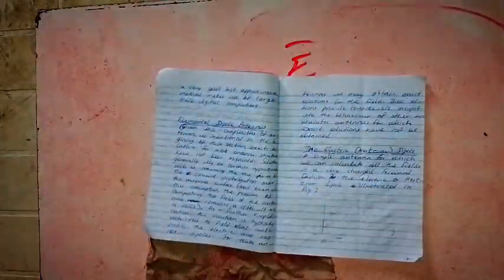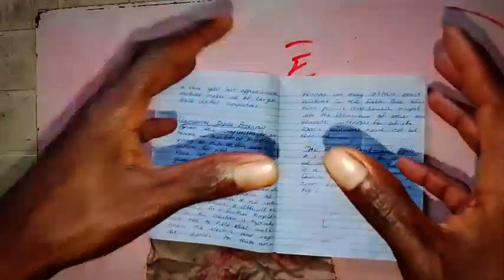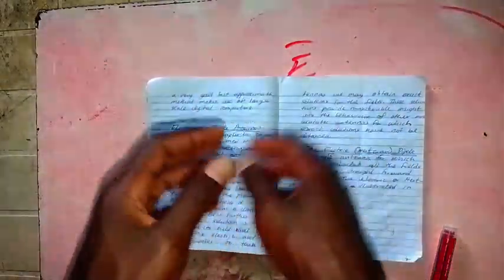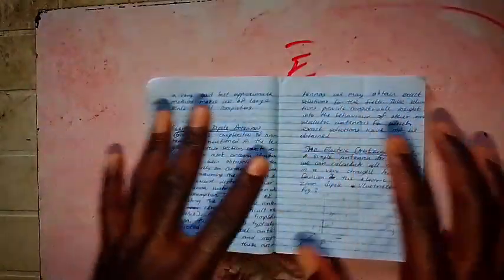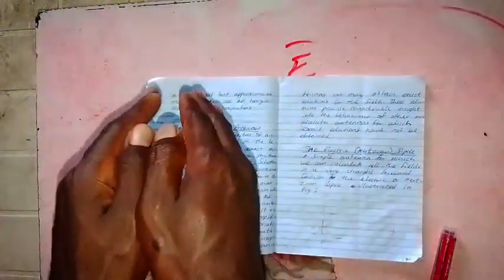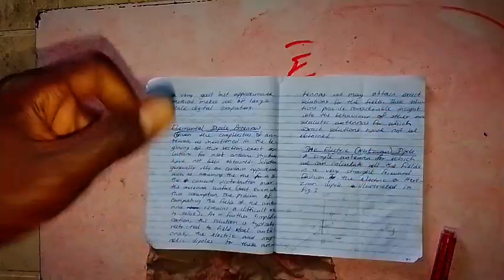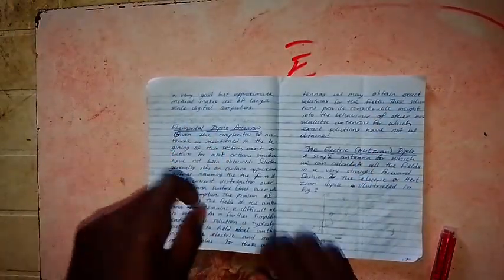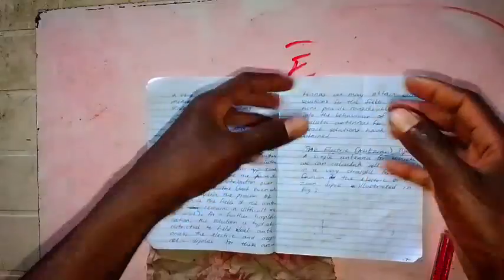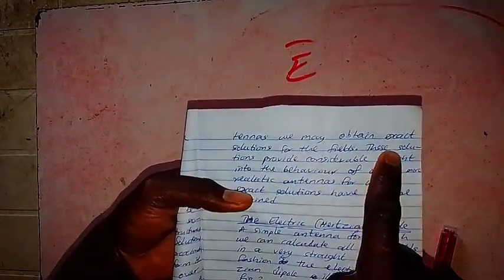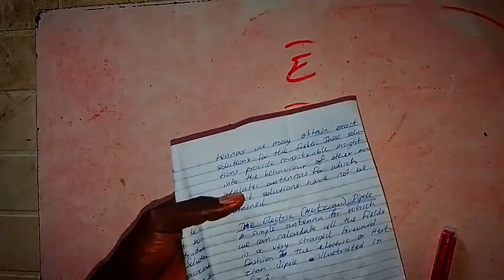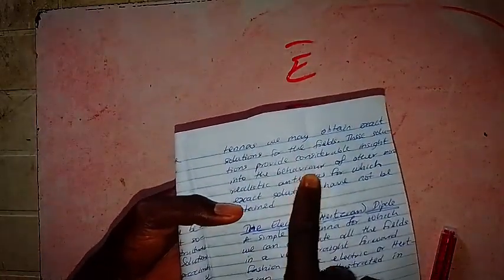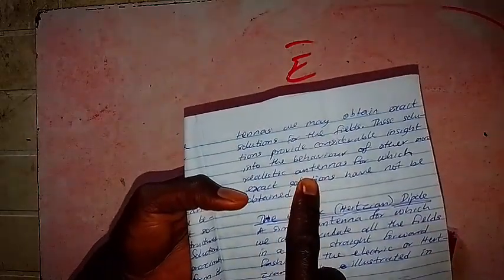That is to say, when we have a solution for our ideal antenna, for which we've made some assumptions and approximations, we can use that solution to gain insight into the behavior of other more realistic antennas.